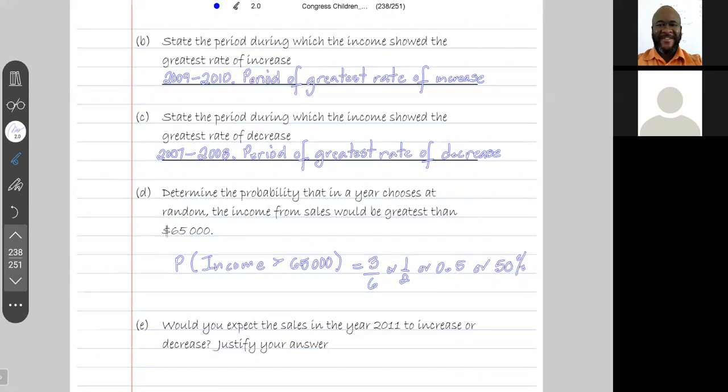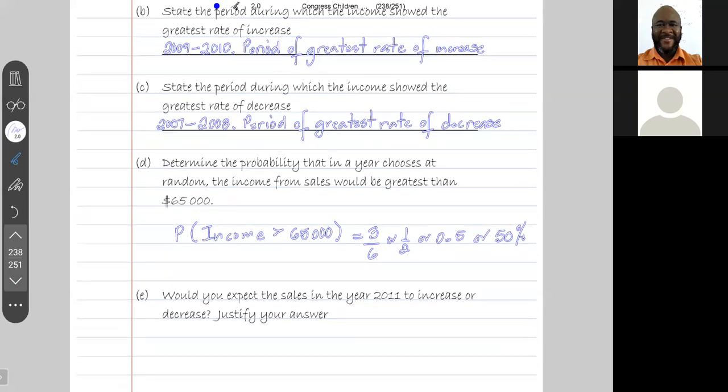So there's a 50% chance that if you select a year at random, the income from sales would be greater than 65,000.